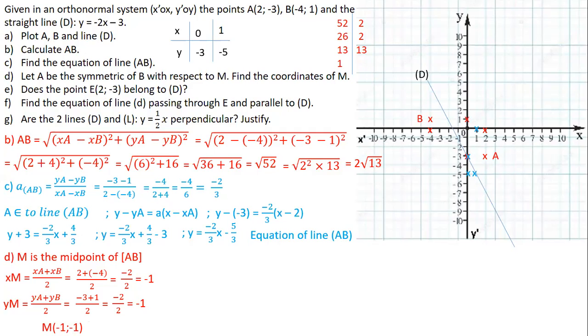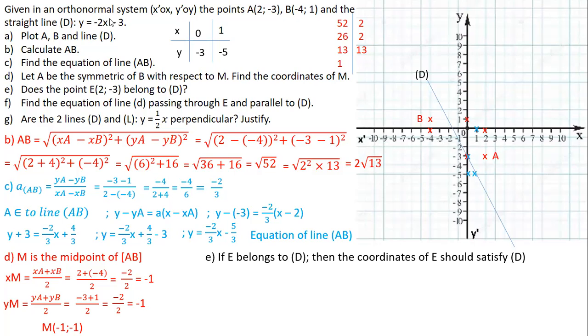What should we do? Okay. If A belongs to line D, then the coordinates of A should satisfy line D. Bravo. If E belongs to D, then the coordinates of E should satisfy line D.